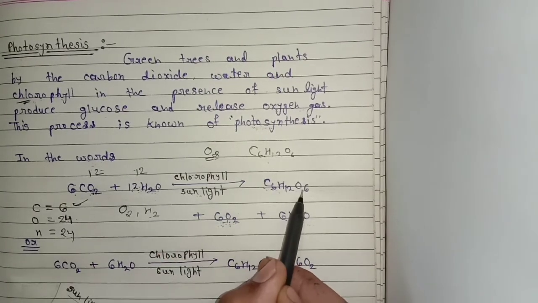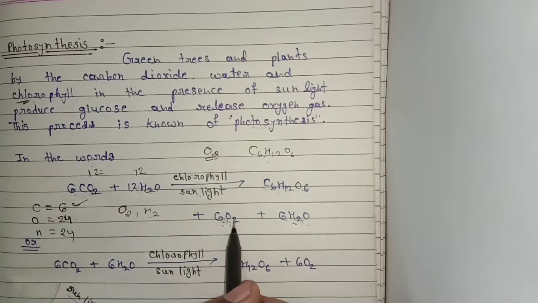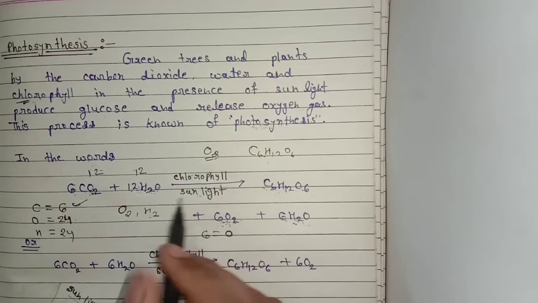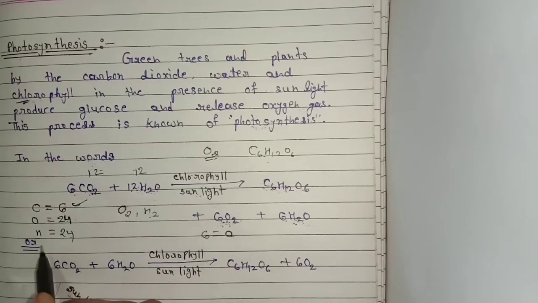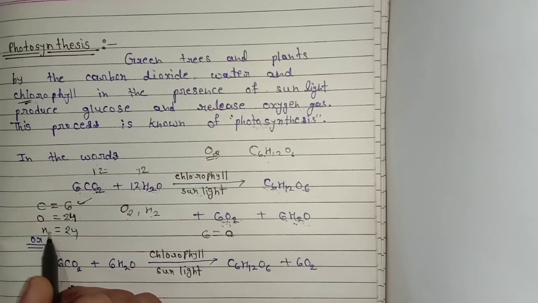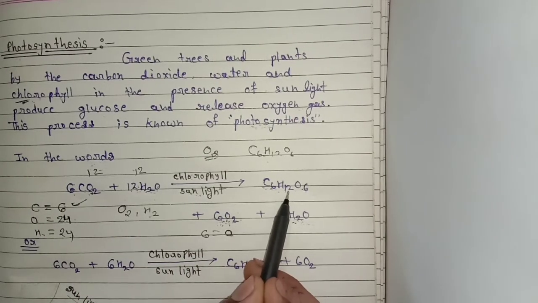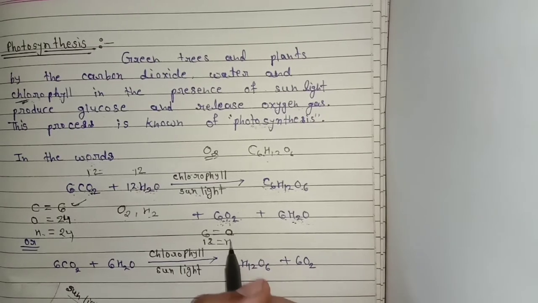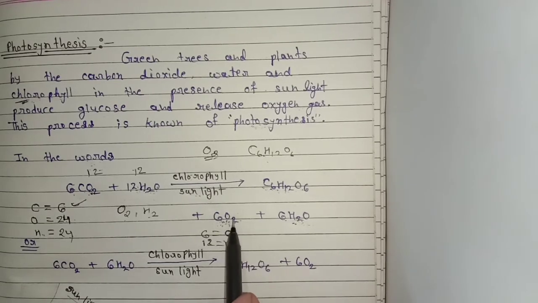As for oxygen, the total number is 24. There are 6 oxygen in glucose, and 6 multiplied by 2 is 12, so 18 oxygen in total, plus another 6 oxygen. For hydrogen, the total is 24: 12 hydrogen in glucose as well as another 12.